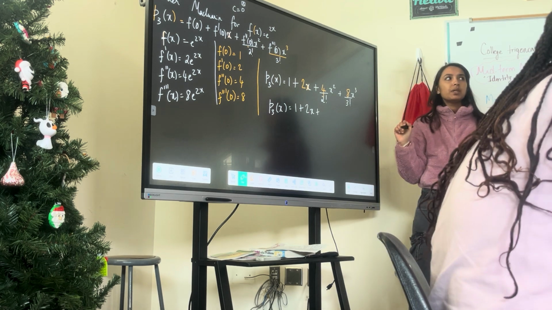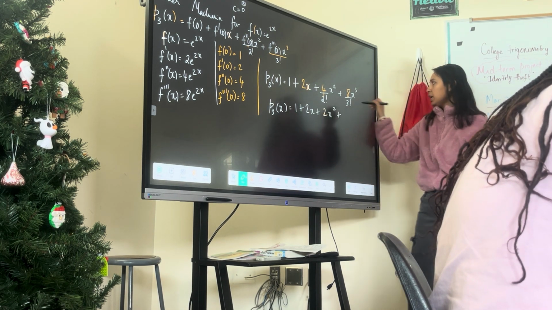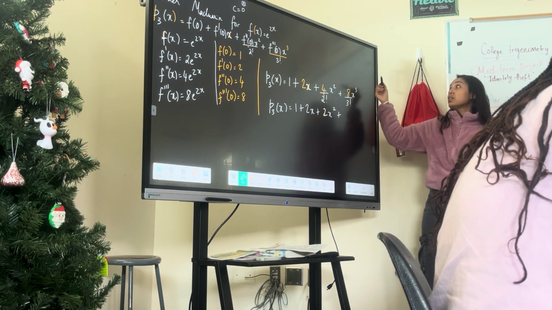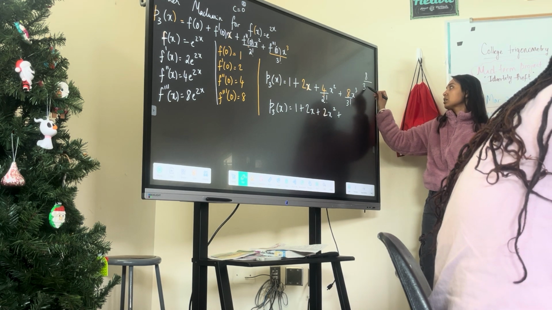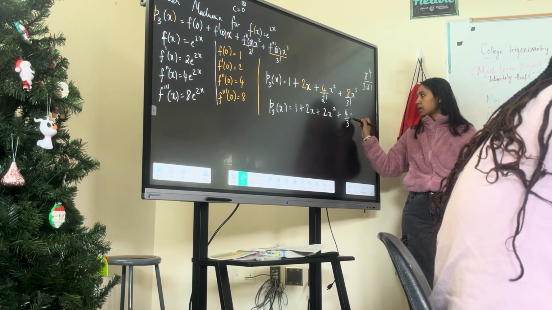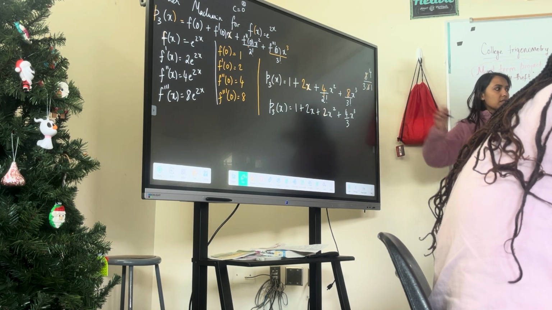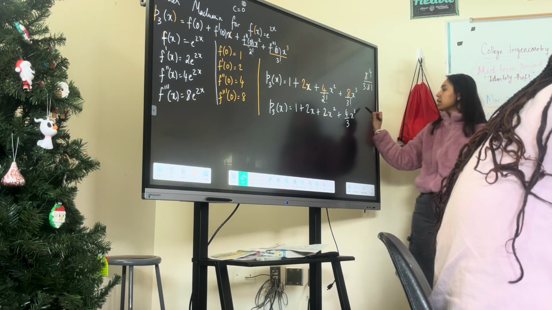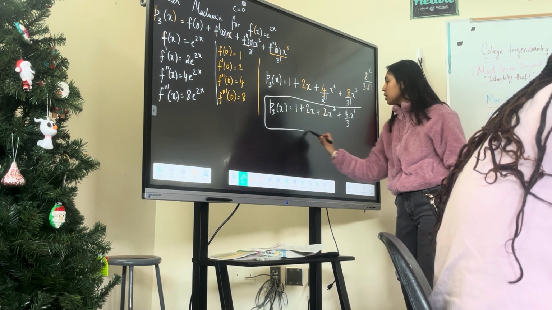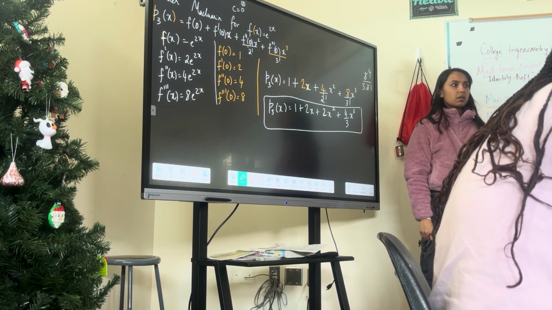Four over 2 is 2 x squared plus 8 over 3 factorial, which is 4/3 x cubed. I just did the math on the side over there. But this is the third order approximation for e to the 2x.